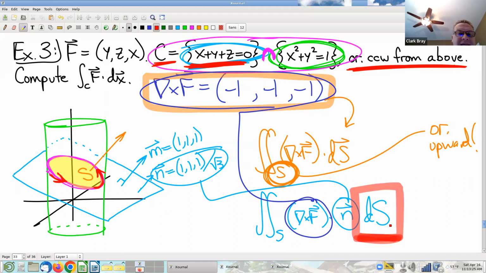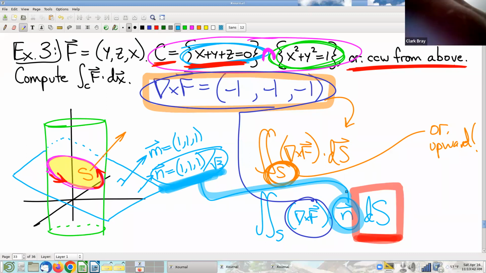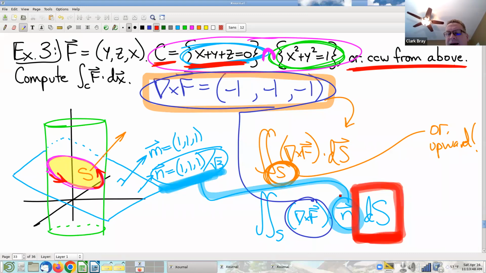So the whole point, in some sense, of trying to write down your unit normal was to avoid parameterizing in the first place, parameterizing and having to find capital N. I'm trying to avoid that. Well, in this case, in our attempt to avoid it, we didn't avoid it. We still need to parameterize and find that capital N so we can find our ds. So this approach doesn't really buy you anything.